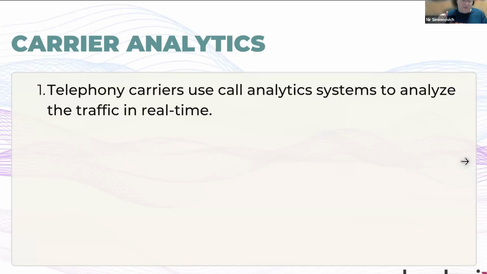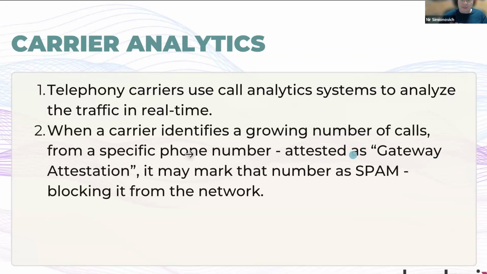So, for example, if they see 5,000 calls with attestation level C from the same phone number, they will realize, okay, that's probably a scammer or somebody spamming the system. This is why, for example, if you originate 5,000 calls out of Twilio on the same number, your number will get blocked as spam. So when a gateway identifies a growing number of calls with a gateway attestation, they will start marking that number as spam.